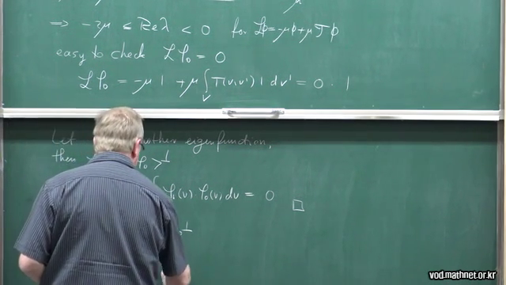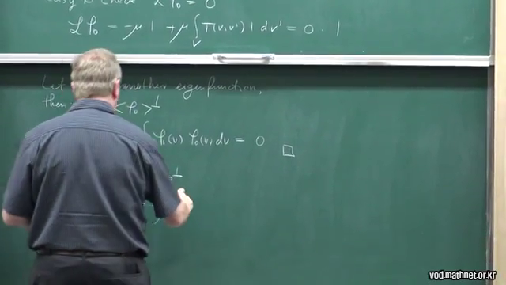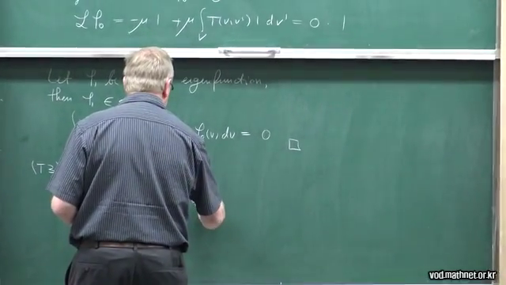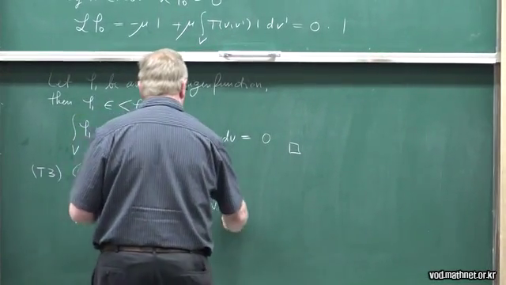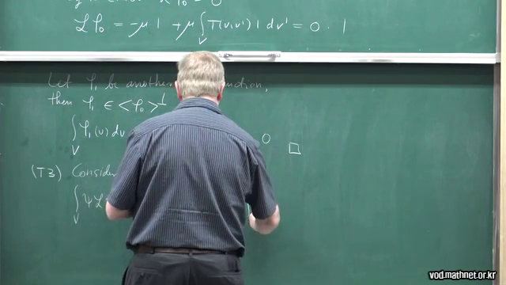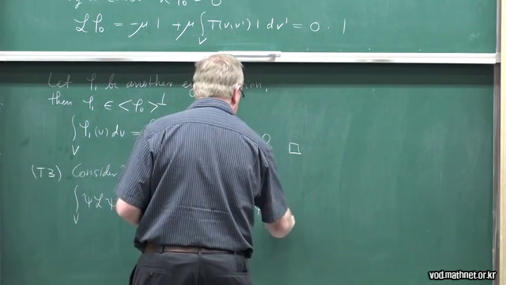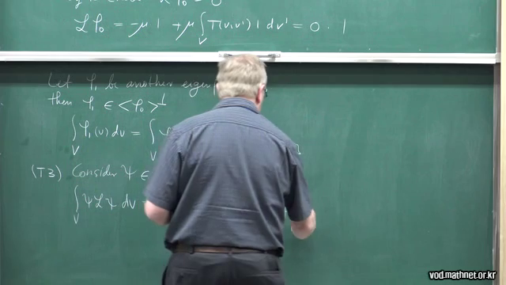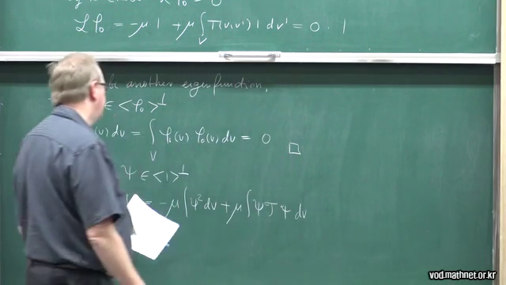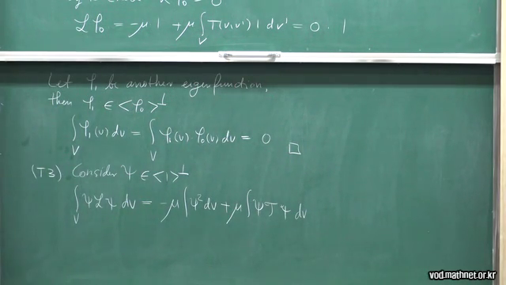Now if I do this, this is minus mu integral psi squared dv plus mu integral psi T psi dv. Okay, so I just use the definition of the operator L and sub in those two terms.